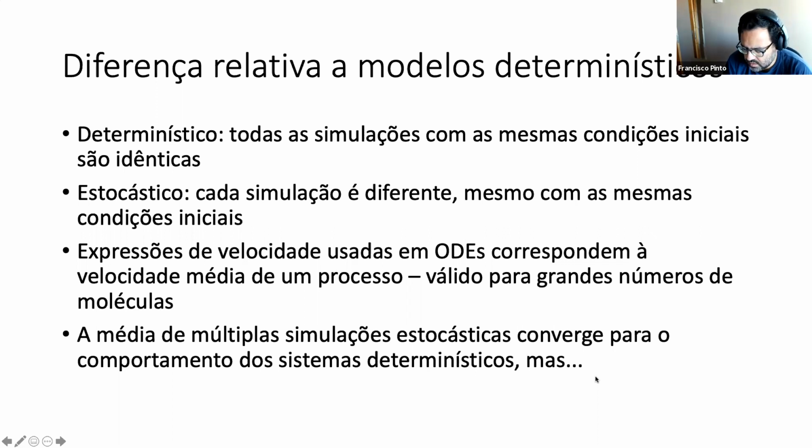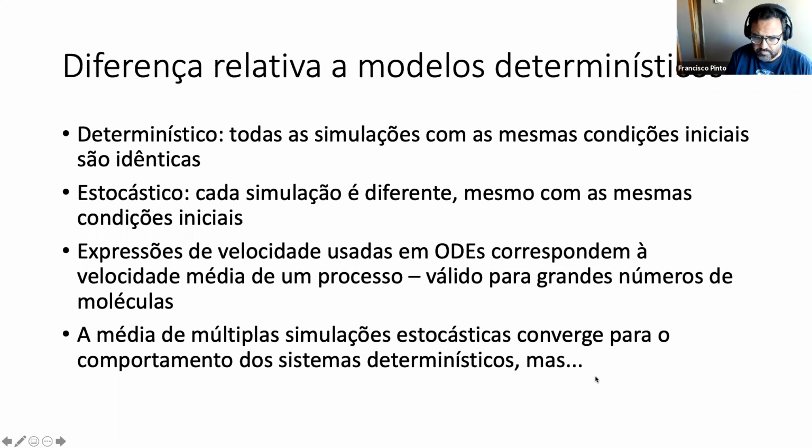So if we say that a given molecule in our system has a concentration of 100 millimolar, we assume that in every sub-volume of our physical space, that concentration is valid. So there is no spatial heterogeneity, and we have a big number of molecules. And in that way, statistical mechanics assure us that the rates that we are computing with the differential equations are a very good approximation of what is happening in the real system.